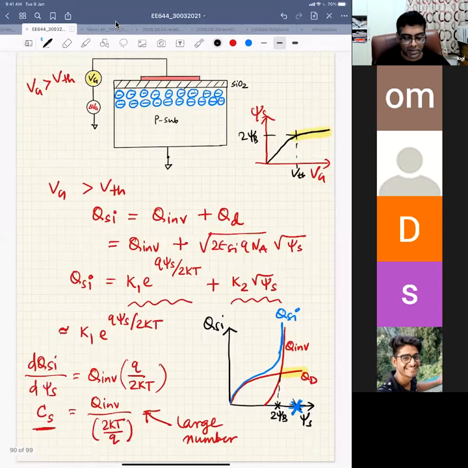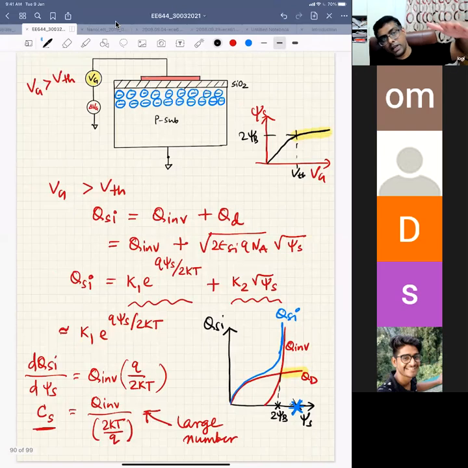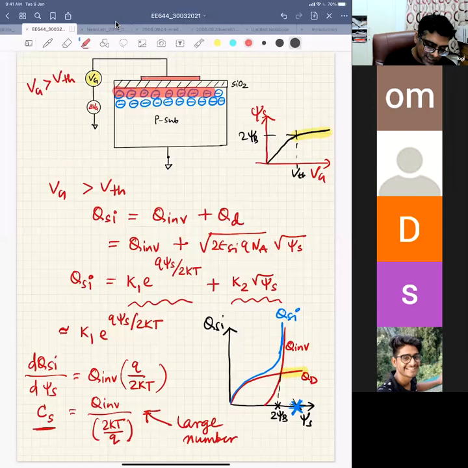You could also imagine it this way: the moment you have inversion, you have a sheet of charge sitting here, and this sheet charge is your electrons, right? If you push up VG a little bit, your inversion charge will go up, because your depletion charge is not changing much.